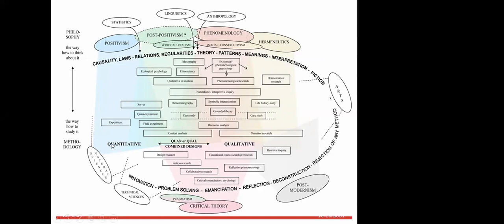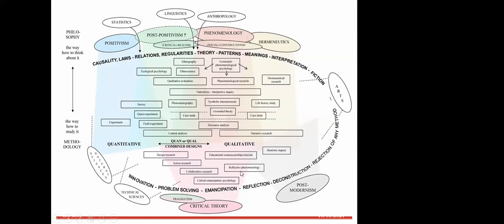Again, if you look at this slide, we have here the quantitative methodology. Under it has methods: experiment, survey, quasi-experiment, field experiment. And then the combined ones are down here. Then the qualitative methods, they are this side: case study, life history study, and there are so many methods.